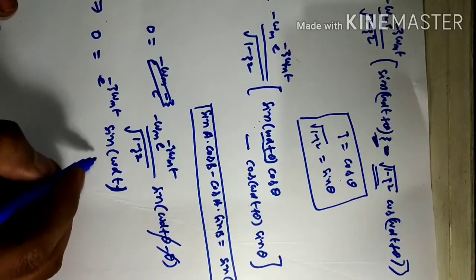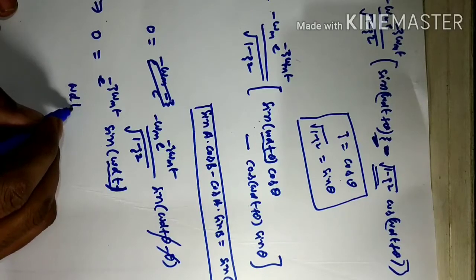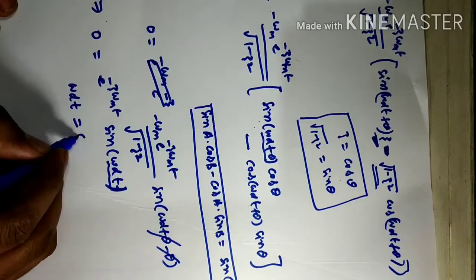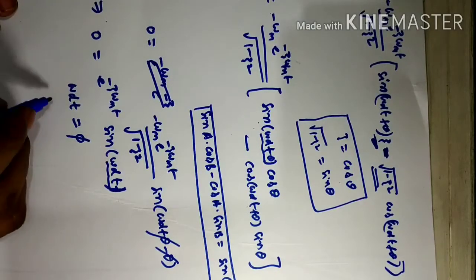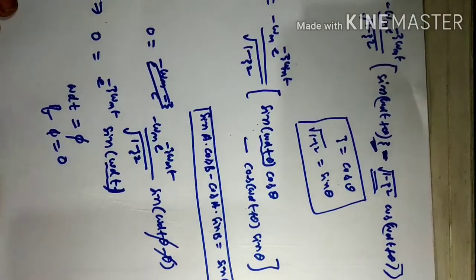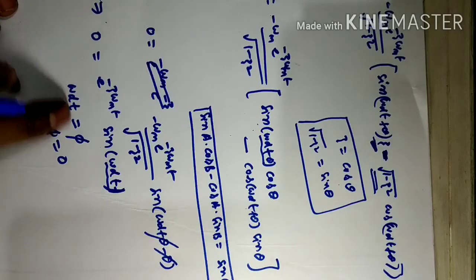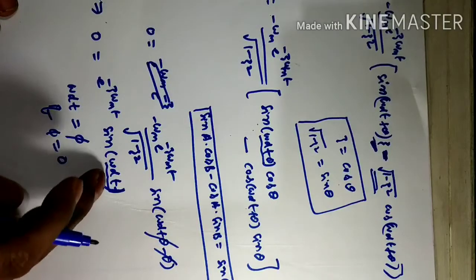Okay, so here I see that omega dt, I'm going to substitute as phi. Okay, if phi is equal to 0, what happens? If phi is equal to 0, it means you substitute omega dt equal to 0, sin 0, what happens? 0.